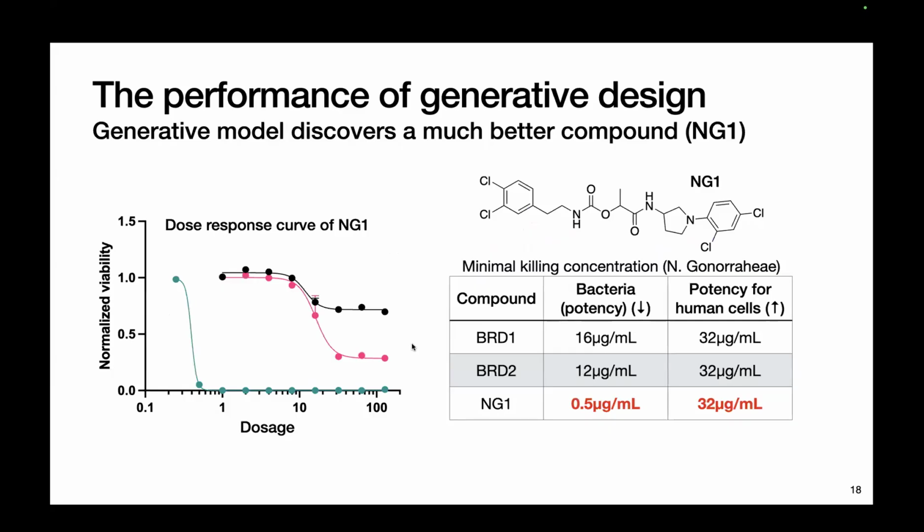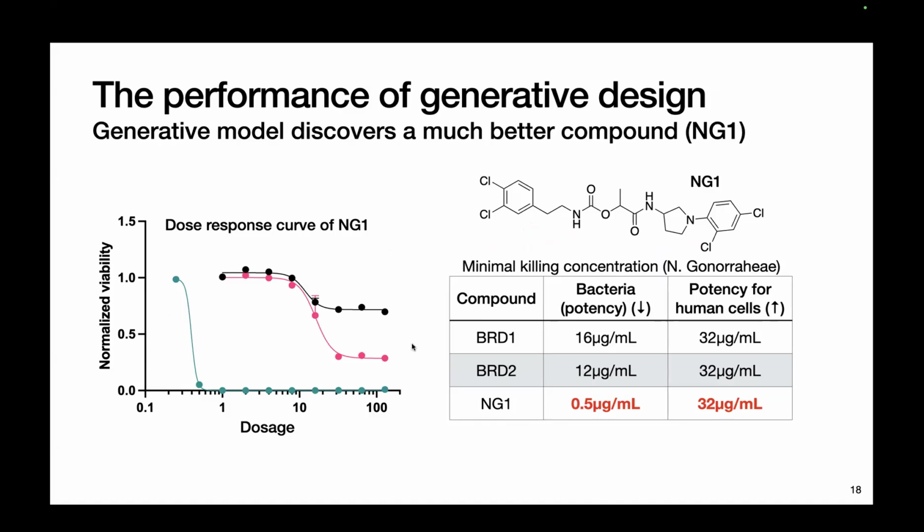So we basically decided, okay, that's probably because just looking at this compound library is not enough. Maybe our silver bullet, the best candidate, is probably somewhat de novo. That's not really in a chemical library, right?